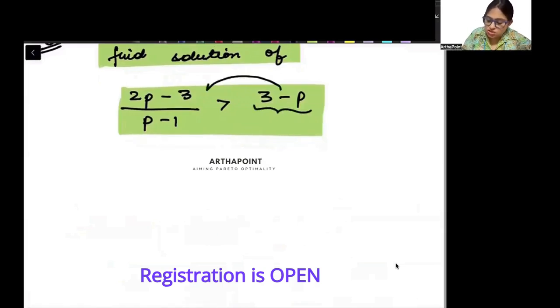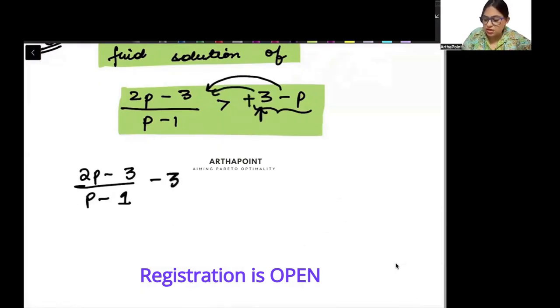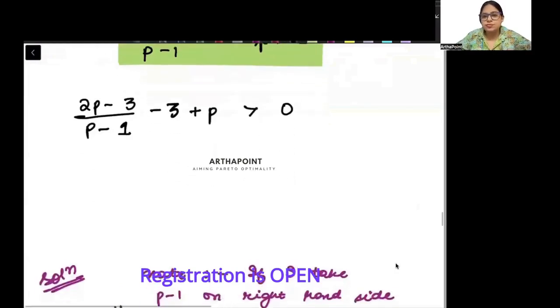So I will just take this here. I will get (2p minus 3) upon (p minus 1). See, this is plus 3 here, so when this goes there, it will become minus 3. This is minus p, so when this goes there, it will become plus p, greater than 0.